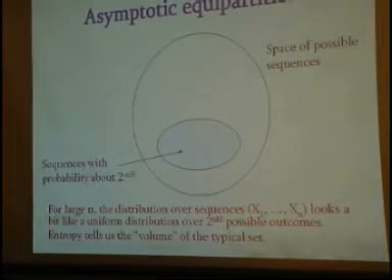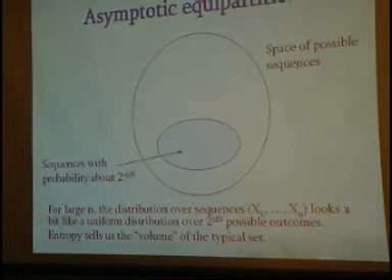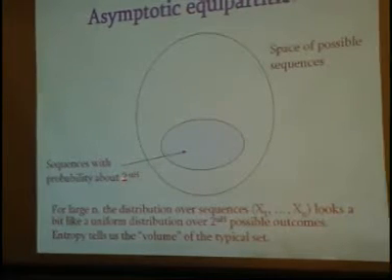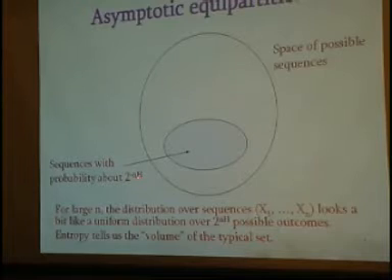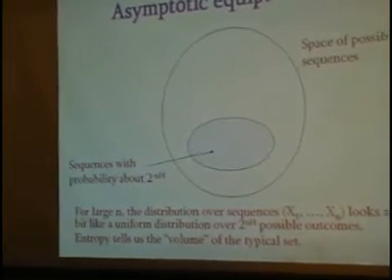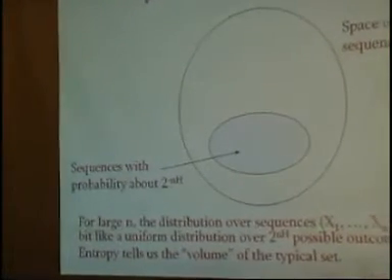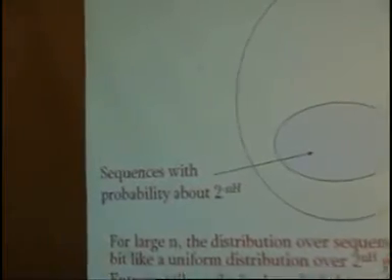There are just a few of them that are typical. And these are the sequences whose probability is about 2 to the minus n times the entropy of one of those random variables. So although there's a large space of possible outcomes, there is actually a typical set.